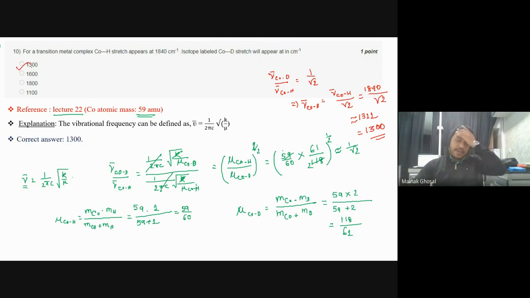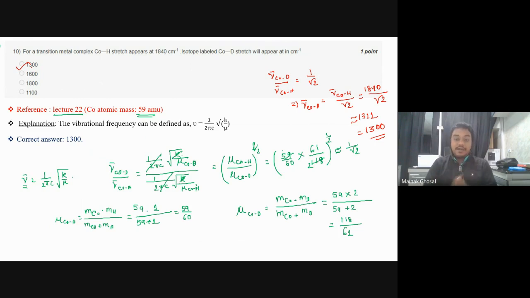So in this way, if you know the stretching frequency of a particular stretching mode, here the COH mode, you can easily calculate the stretching frequency of the isotope-labeled compound. Suppose cobalt is replaced by its isotope, or hydrogen by deuterium, you can see how the frequency will change.